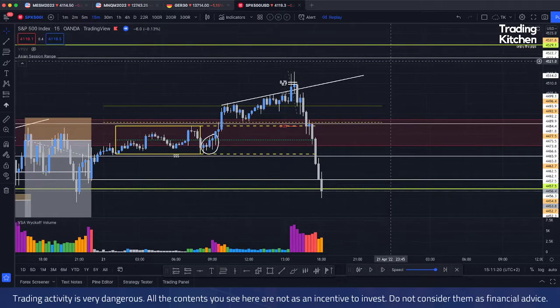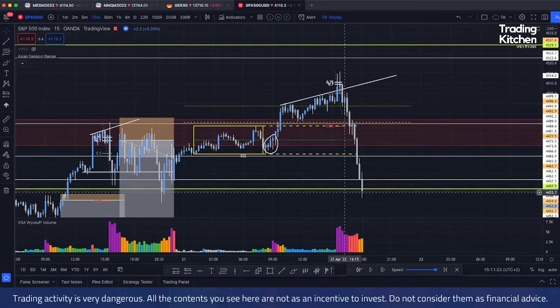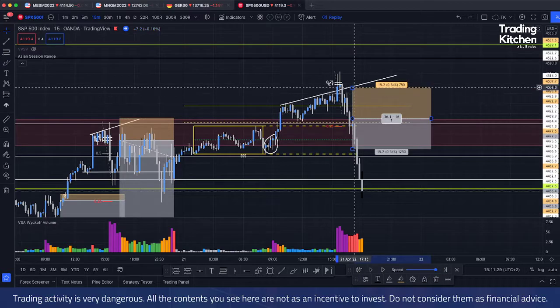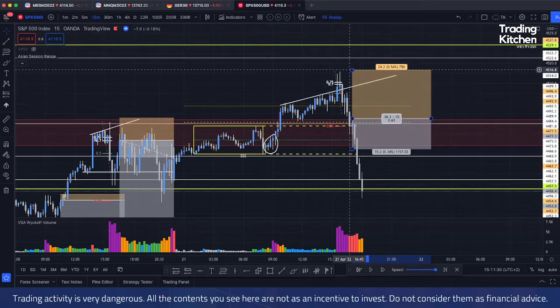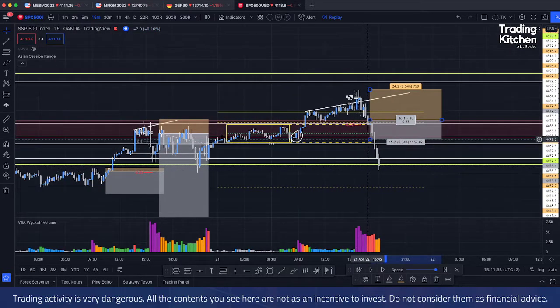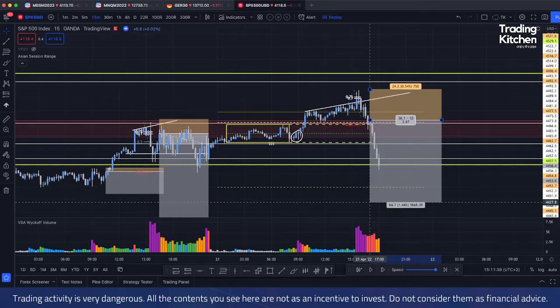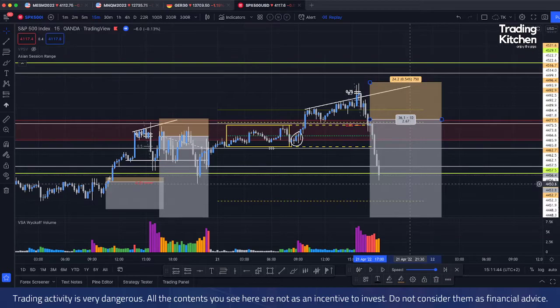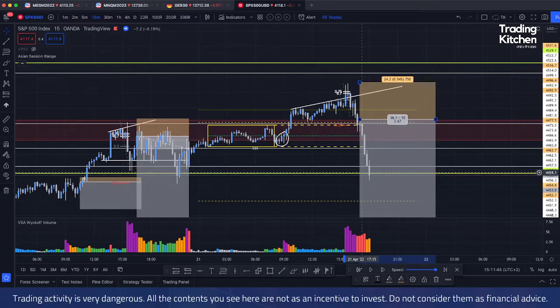It didn't retest. Okay, so the aggressive trader entered here. Okay, I repeat, I'm not an aggressive trader. I want more confirmation, because I prefer not to lose and sacrifice profit. Okay, so I just wait for the retest, but I have also an indeed pattern.